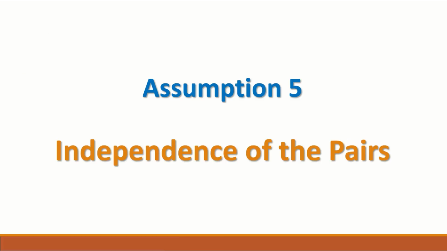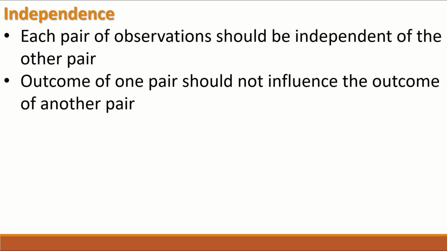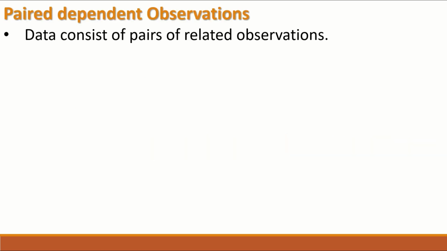Another assumption that has to be met is the independence of pairs. Each pair of observations should be independent of each other, so the outcome of one pair should not influence the outcome of another pair. The sixth assumption is paired dependent observations.